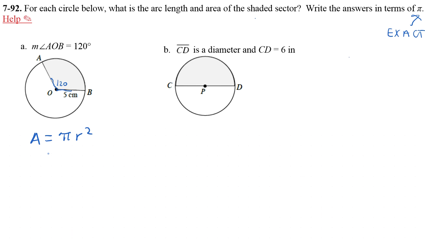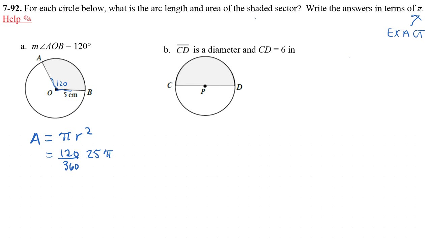So we know we want 120 of 360 times pi r squared. So the radius is 5, so 5 squared is 25 pi. All right, so now what we have to do is multiply all these things together, and we need to simplify.